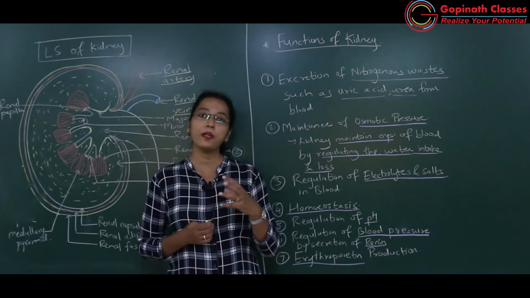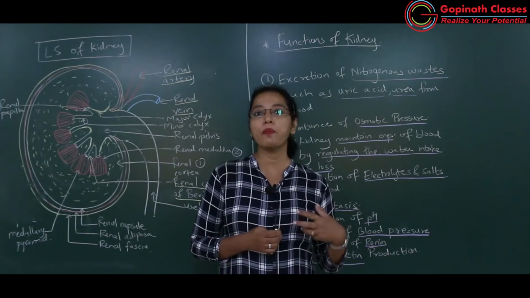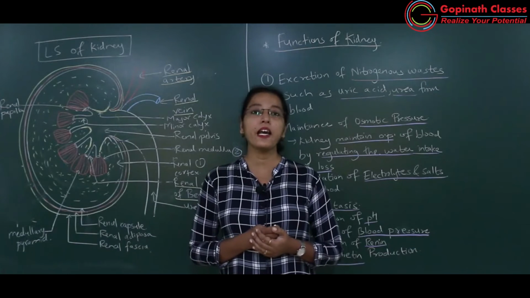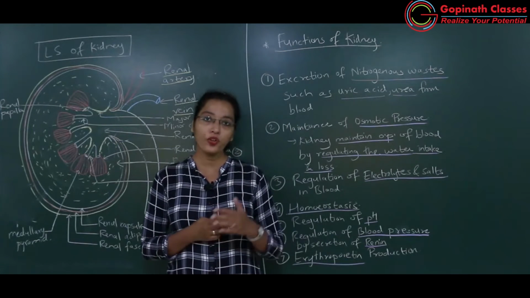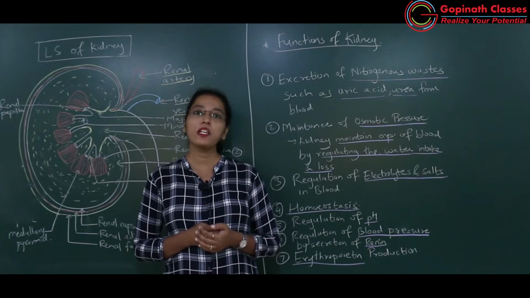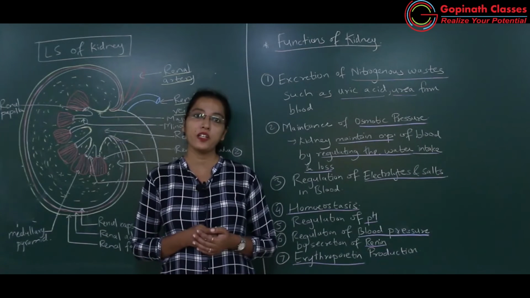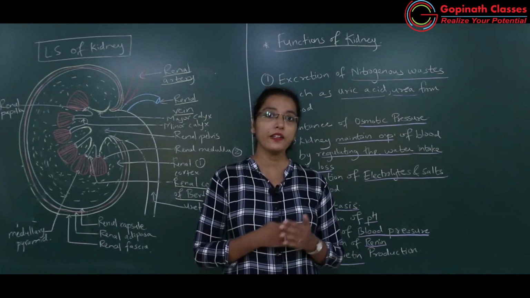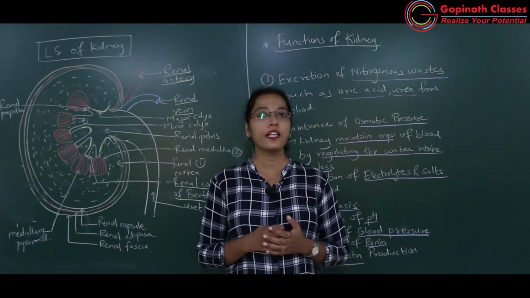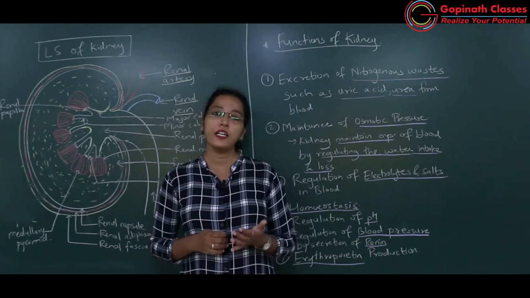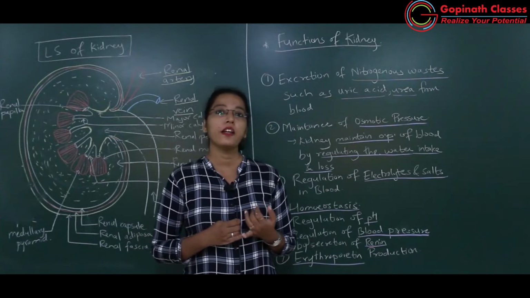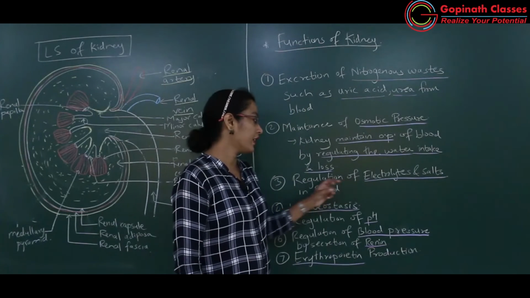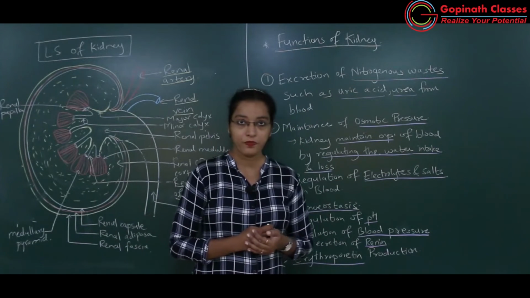The salts which our body needs, if the sodium concentration in our body has decreased, so many sodium ions will be reabsorbed into the blood through the nephron of the kidney. Similarly chlorides, potassium ions, concentration of water, then bicarbonates, everything will be maintained in a proper way because of selective reabsorption. And majorly in the proximal convoluted tubule and in the loop of Henle, this maintenance of electrolytes and salt in the blood will be regulated properly.